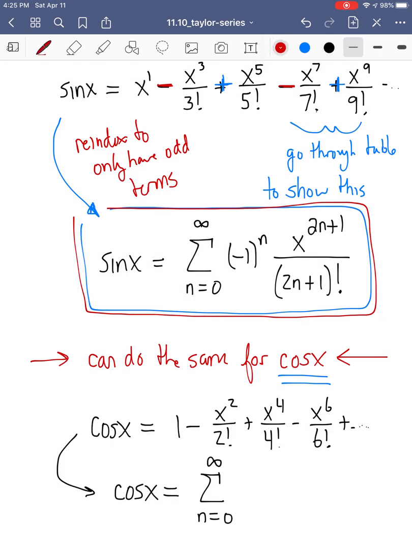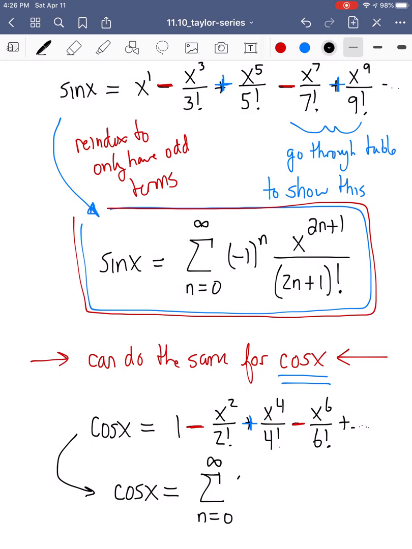And we still see the same sign changing for cosine, where the second term, the fourth term, the sixth term will all have negative signs, whereas the first term, the third term, the fifth term, all the odd terms of cosine have positive signs.